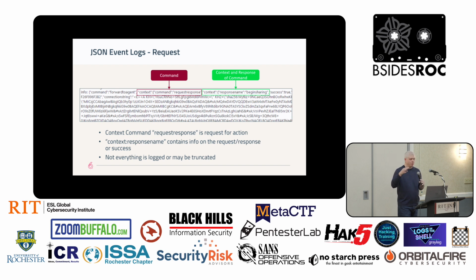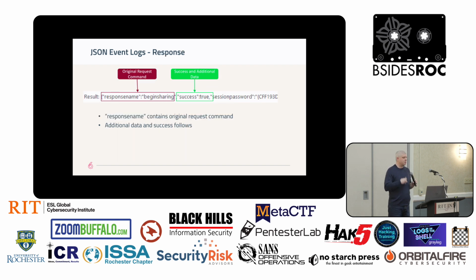There are times where you will see this connection string and then it just abruptly stops. There are times where there is readable information in there and then it just gets cut off. So something is truncating it. So this is the request. The response will have the response name. This is going to be the original request command, and then successful or additional data.